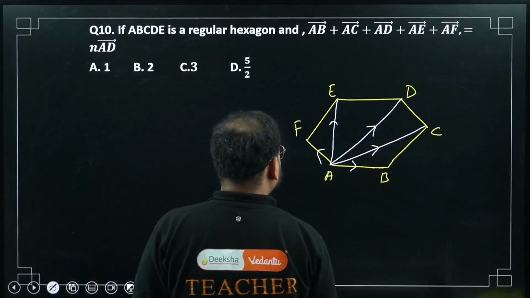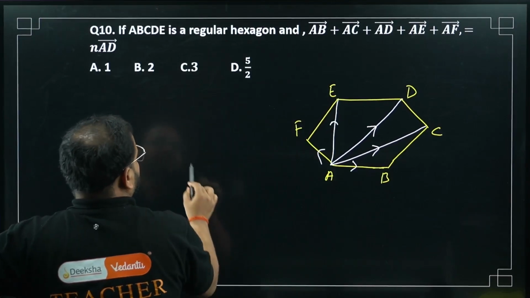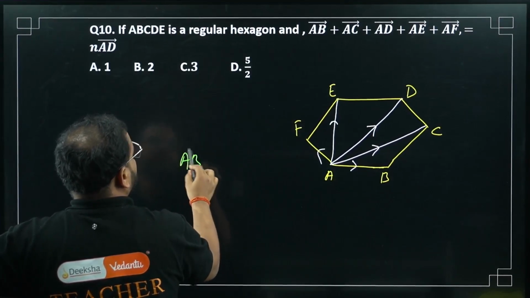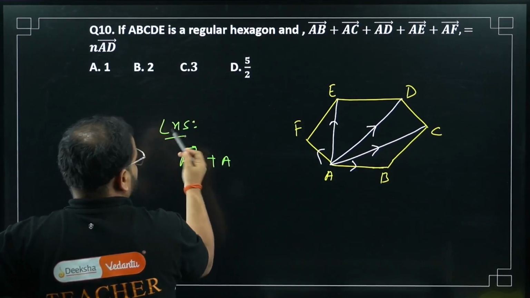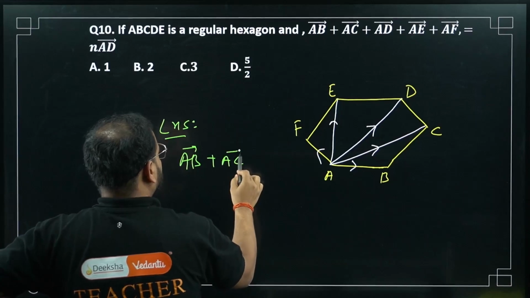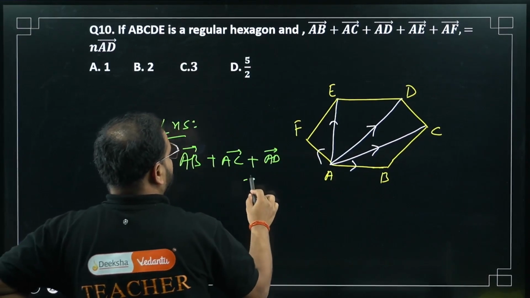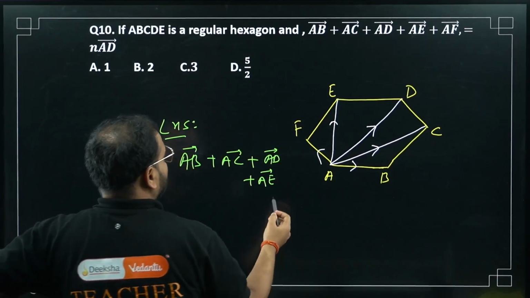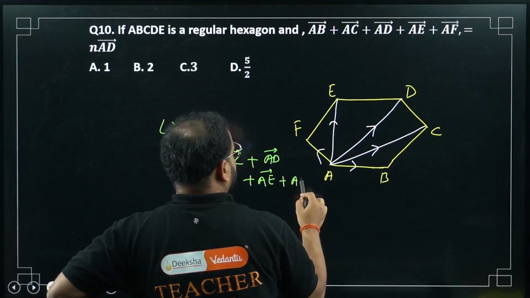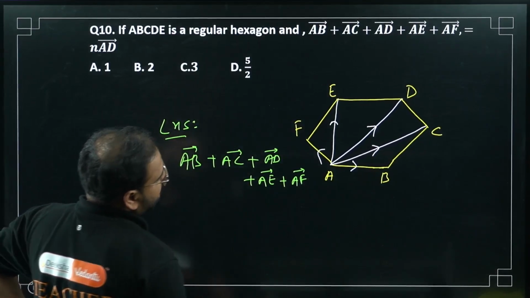Okay, let's see. What can I do about it? First write the sides. AB plus, I'm only going to take what? LHS, bacha. Okay, only LHS I'm considering. AB, AC, AD plus AE. Okay, and what is it? Plus AF. Now AB can be written as what? This is parallel, right?